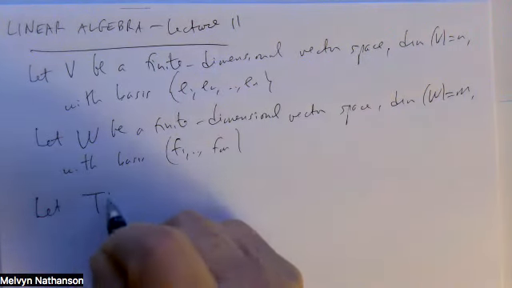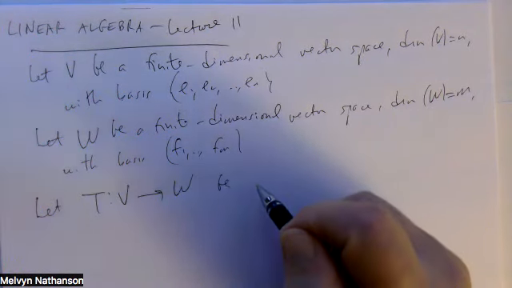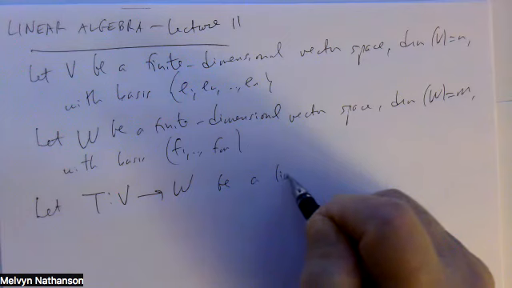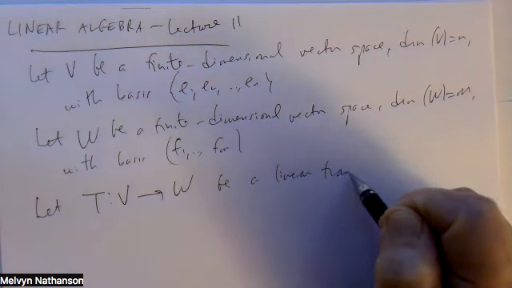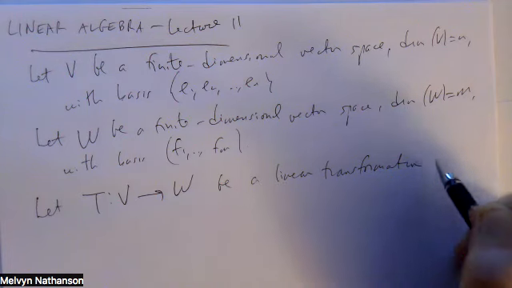And suppose we have a function T from V to W, that T be a linear transformation. So that's a special kind of function between vector spaces.